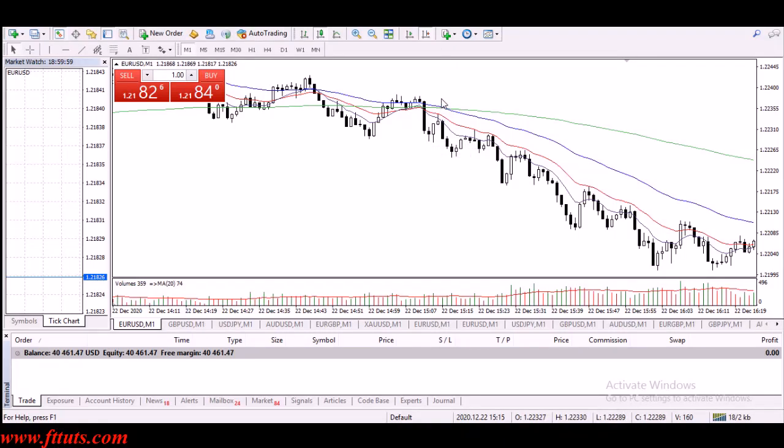But if price did not reach EMA 200 and the price retraced toward EMA 20 but did not reach EMA 200, that's why your sell order is protected.